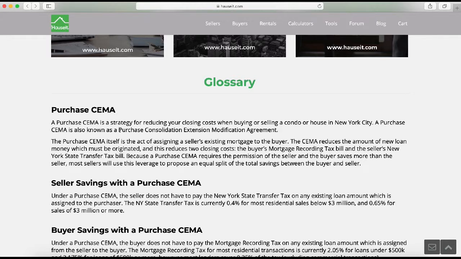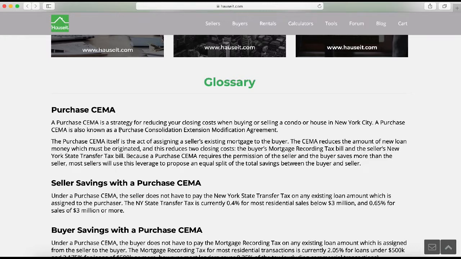Now, it could be a buyer or it could be a seller who brings it up, because both the buyer and the seller would save money in the event that a Purchase CEMA is successfully included in a deal. Specifically, the acronym CEMA stands for Consolidation Extension Modification Agreement. And basically what a Purchase CEMA consists of is a seller, instead of paying off their loan, they transfer the loan to a buyer who's taking out a mortgage.